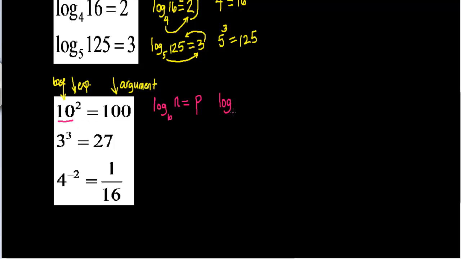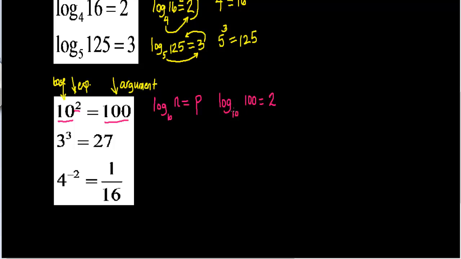Base 10 of n. n is your argument. So log base 10 of 100 is equal to my exponent, which is p, and your exponent is 2. So there, we have rewritten an exponential expression into a logarithmic expression.